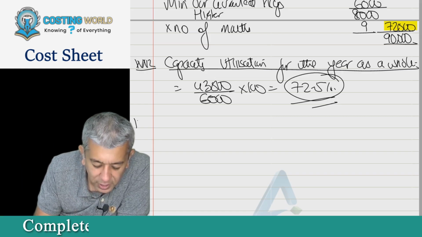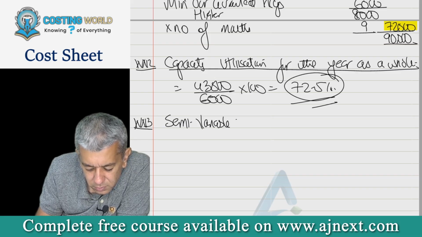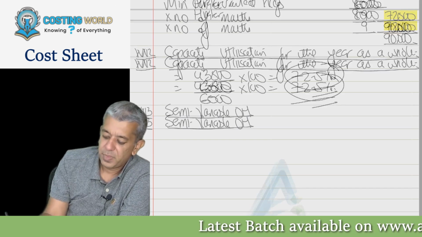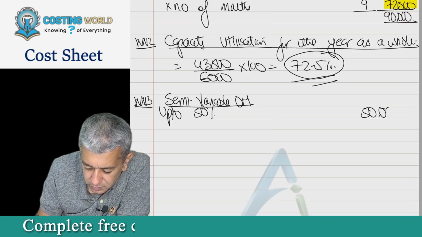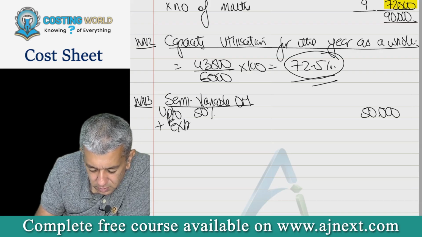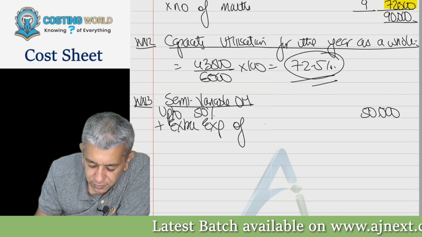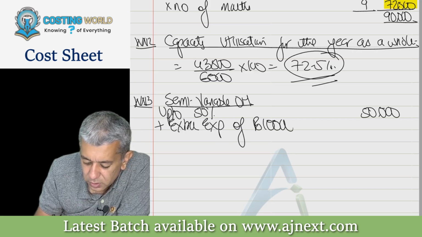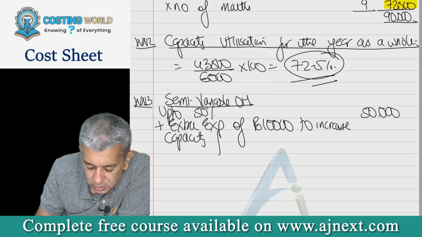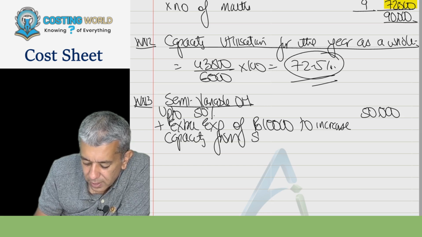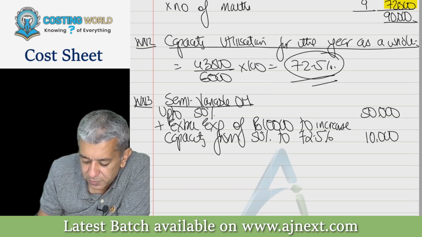Okay. So we are finding out our semi-variable overheads right now. So up to 50%, plus extra expense of rupees 10,000 to increase capacity from 50% to 72.5%.